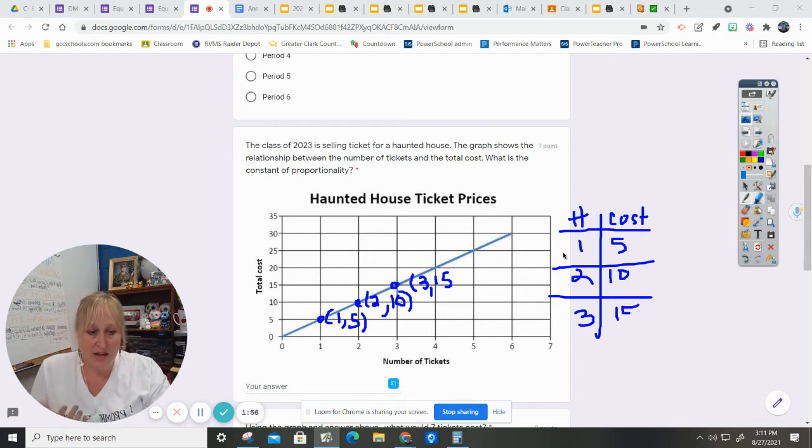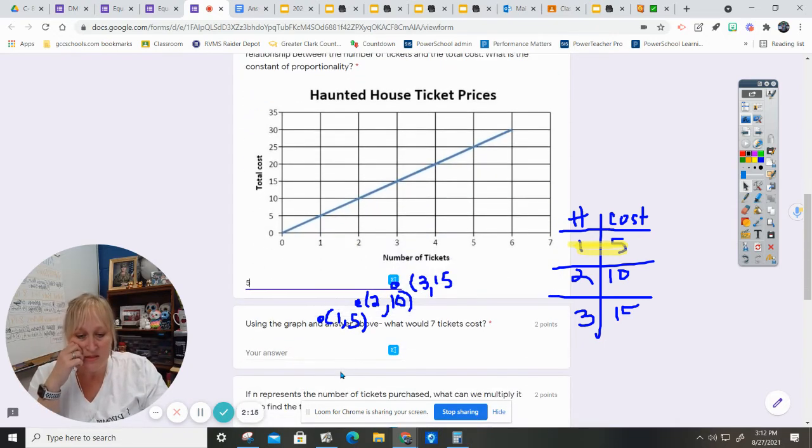Since I already have the 1 here, I know my constant. I know my K happens to be 5. So my first question, I think, that I asked, what is the constant of proportionality? So I'm just going to put 5. Done. Let's see what's next.